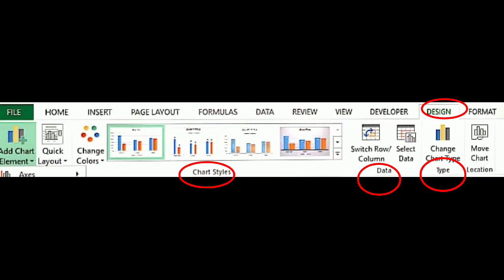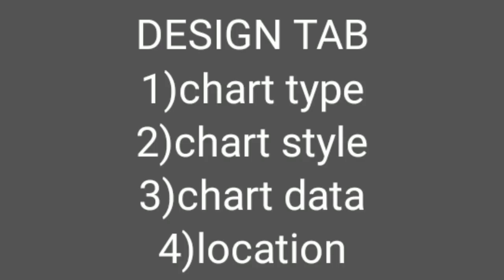You can change the chart style, you can change the data of a particular chart, or you can change the location of a particular chart. So once again, by using the design tab, you can change the chart type, chart style, chart data, and location of a chart. Okay, so this is about design tab.